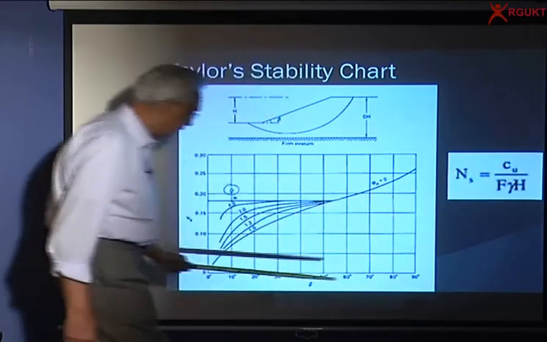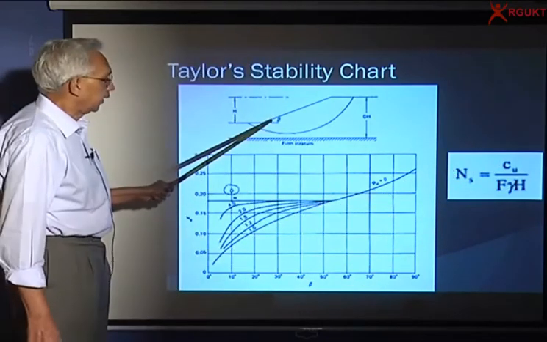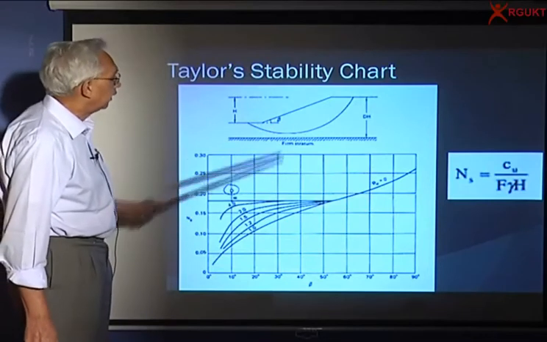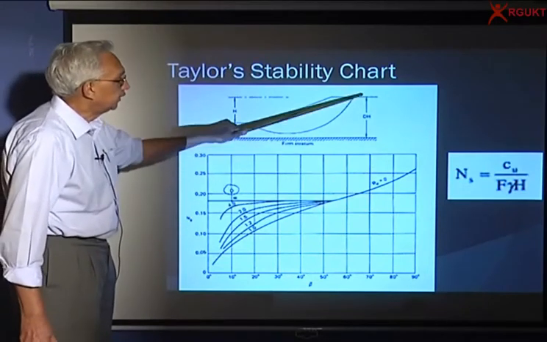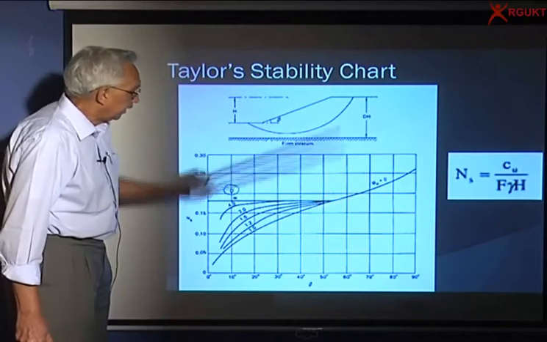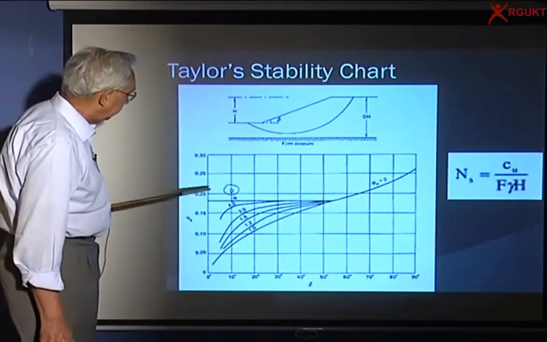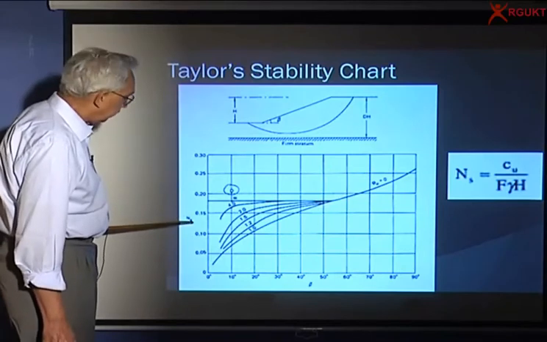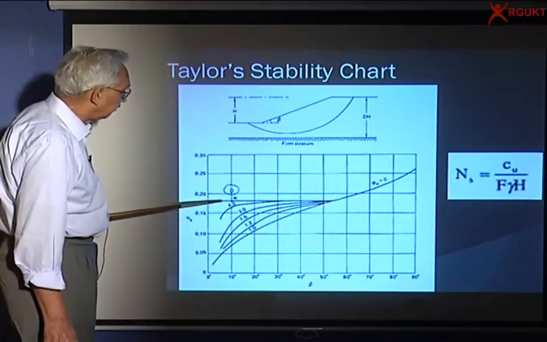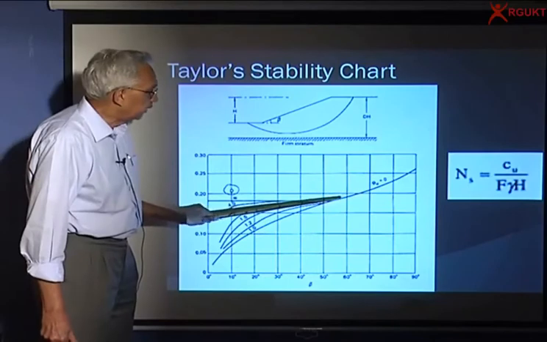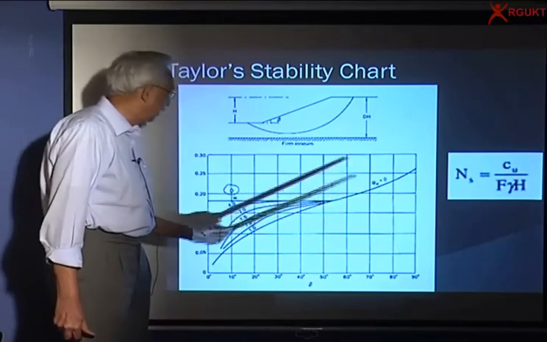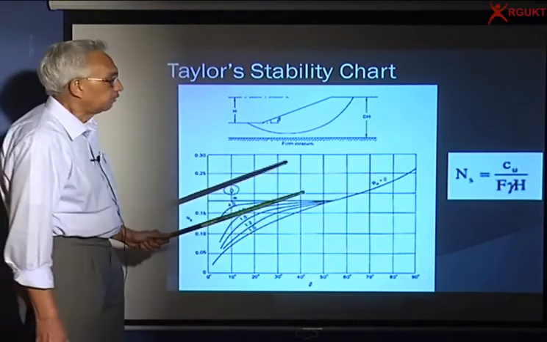So what we do is, I have beta, the slope angle, and if I know the thickness of the clay layer, I can go. Suppose I look at infinity, a very high value, the stability number varies from something like 1.8, and for steeper slopes it becomes higher, goes up to around 2.6, 2.7.